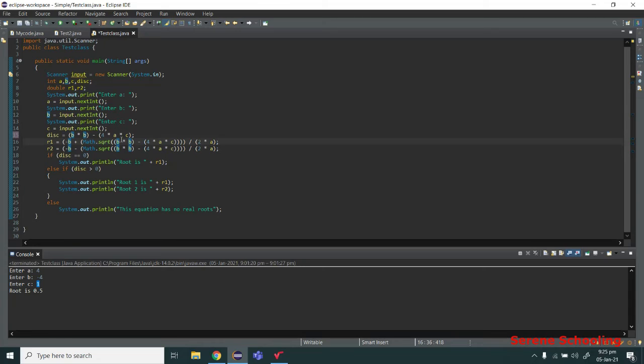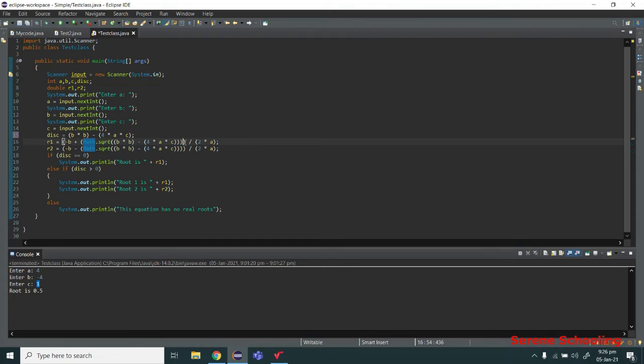I have included parentheses and written b square into it. Then I'm subtracting 4ac as above. Then I am enclosing this with the parentheses. As you can see, this parenthesis starts here and it ends here. My next parenthesis is linked with this parenthesis, which is with the negative b.